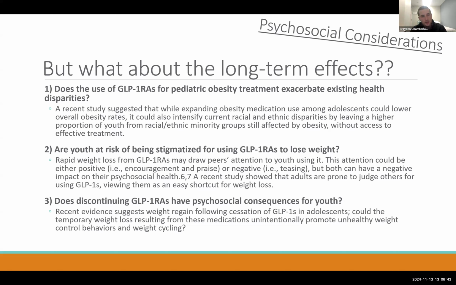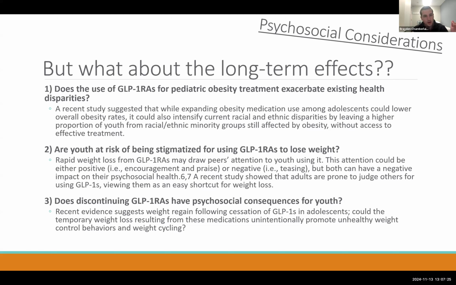So in a nutshell, they suggest that based on a few studies, while expanding obesity medication can lower the overall obesity rates in children and adolescents, it could also worsen the disparity between racial and ethnic groups, as these interventions, GLP interventions, obesity treatment, bariatric surgery, these are all, and are currently, expensive treatments that likely wouldn't be available or able to be accessed by racial minority groups that have lower socioeconomic status.